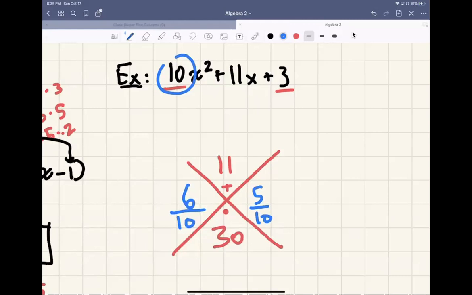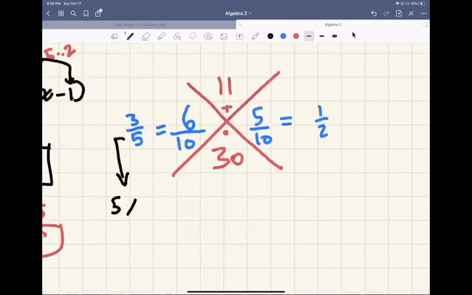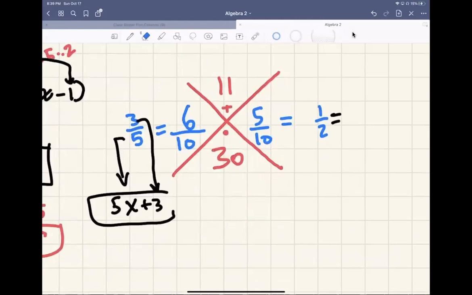The 5 goes with the x, the 3 goes on the outside. And then this one, the number on top goes on the outside, so we're going to have 2x plus 1.